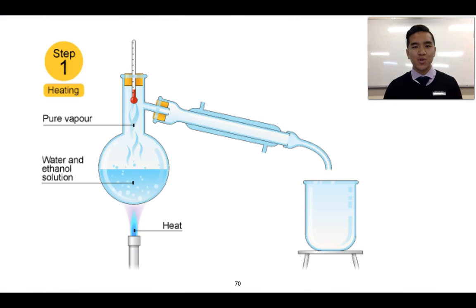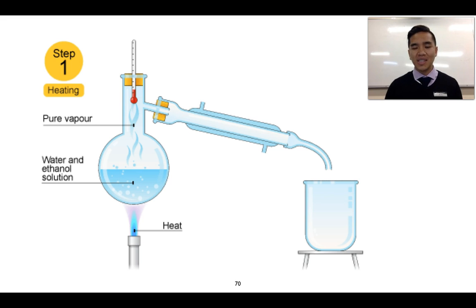To separate the water and ethanol, we can carry out a distillation, and we can see an example of one set up here. We can imagine we've got our water and ethanol solution here, and we're going to separate them according to differences in their boiling points. So it turns out that ethanol has a lower boiling point than water, and it sits around 78 degrees Celsius.